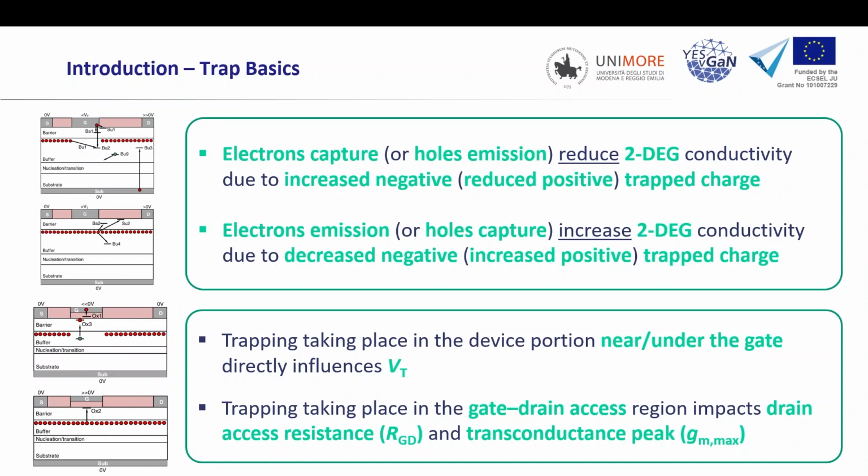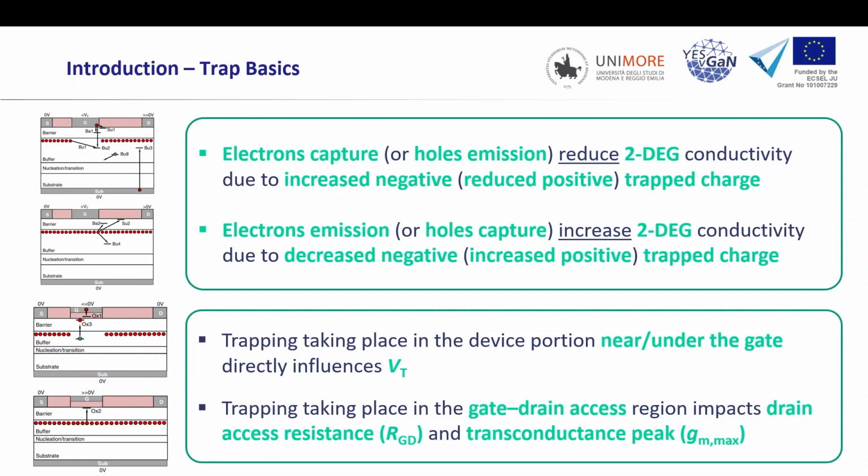Another important thing that I will be mentioning often is that it's useful to separate the effects based on three main parameters: the threshold voltage, the on-resistance, and the transconductance. Depending on where trapping takes place, these parameters will be affected more.